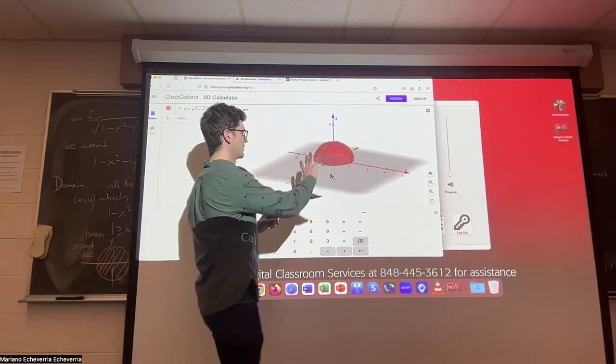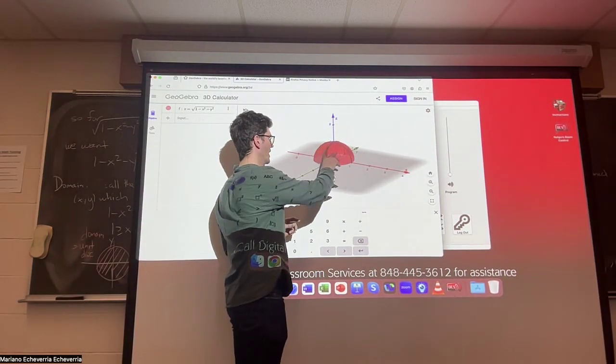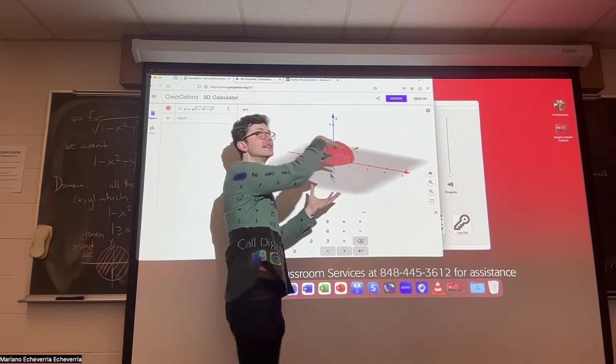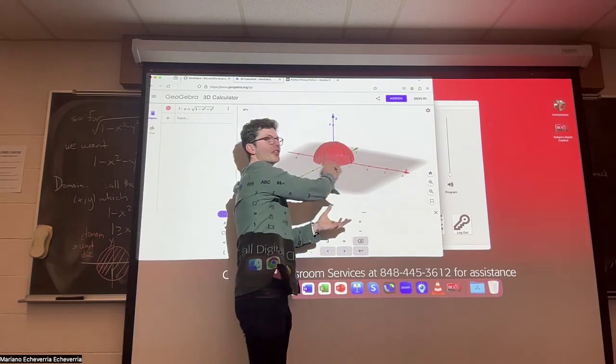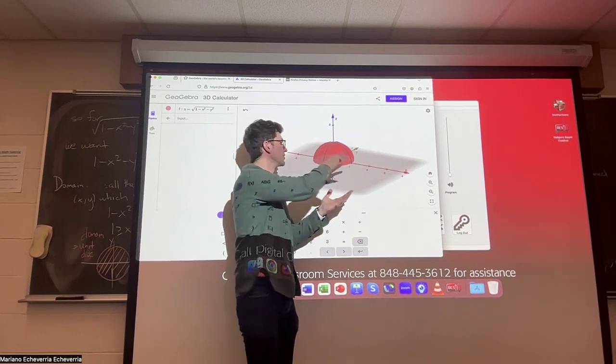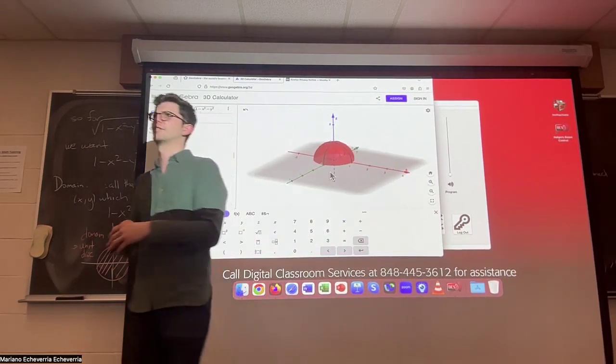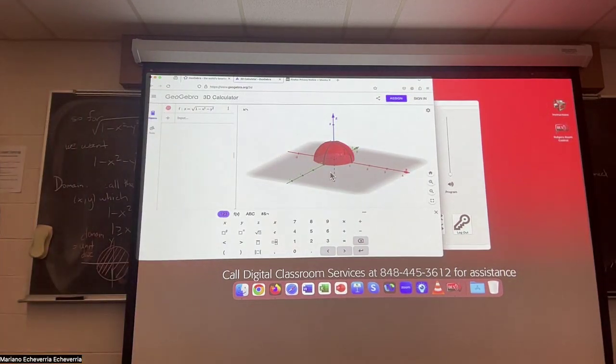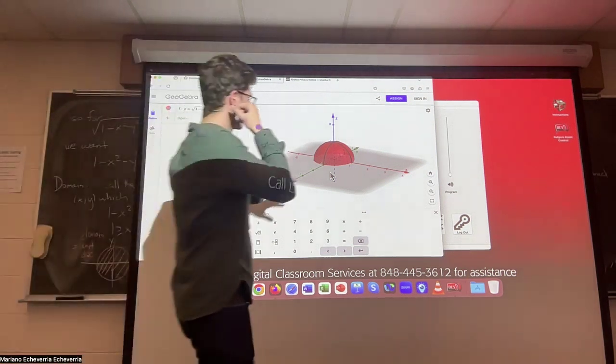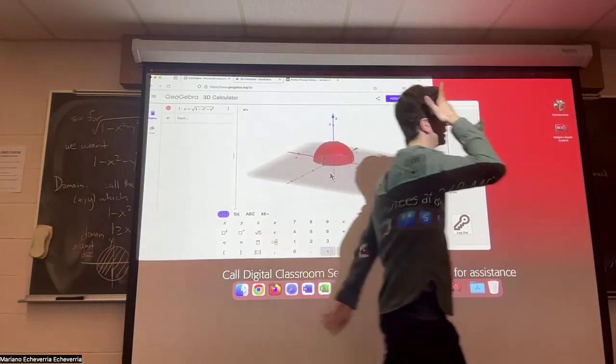But if you look at the graph, it only makes sense above the disk here on the plane. So the domain is the disk itself, and the graph incorporates the values of the function. So it looks like a half sphere, like the northern hemisphere of the unit sphere, essentially in this case.